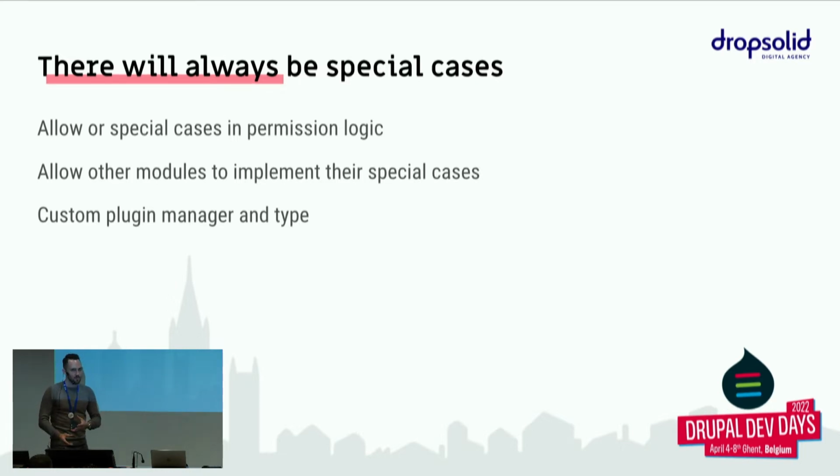Obviously, the module that was providing the functionality, we could still put some sort of ifs in the queries or wherever the logic was being built. But the thing is, there were a lot of modules, and we also wanted to have a way that other modules might implement their own special cases.